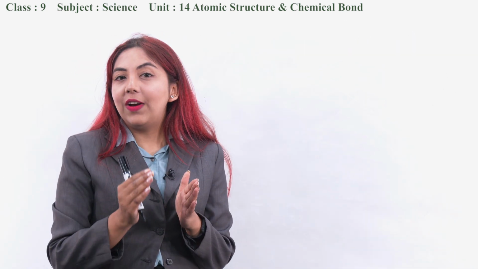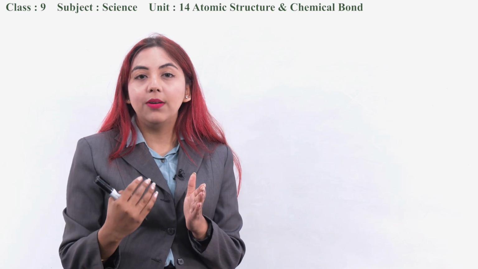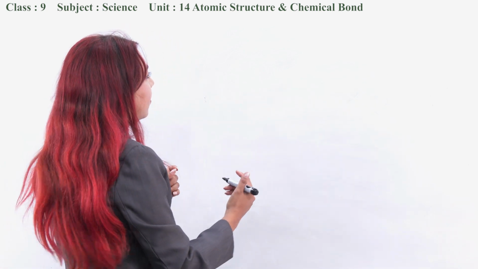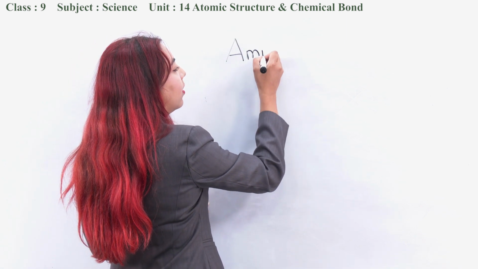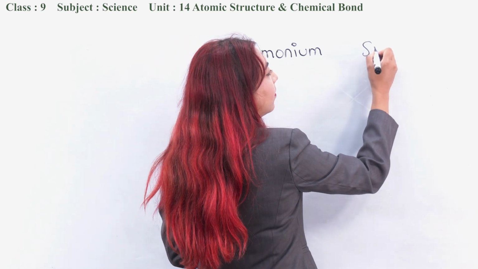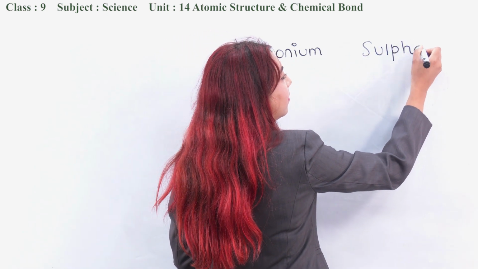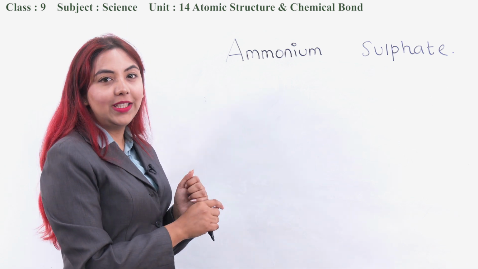Now let us revise the rule again by using another example, that is ammonium sulfate. So the first thing is we should write the name. We already completed the first step.